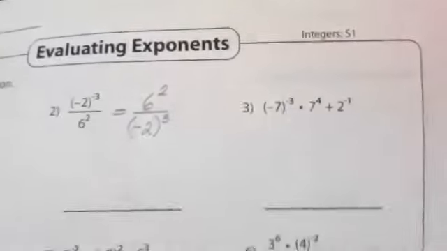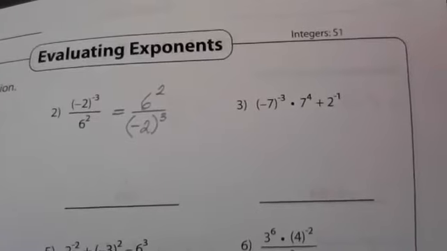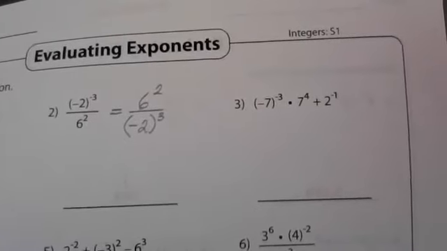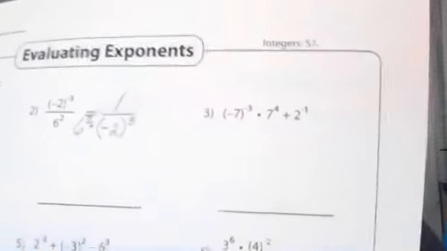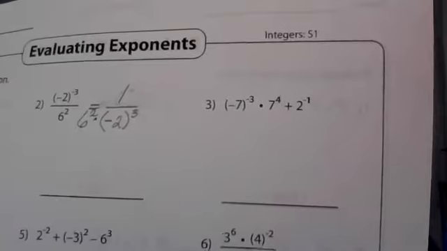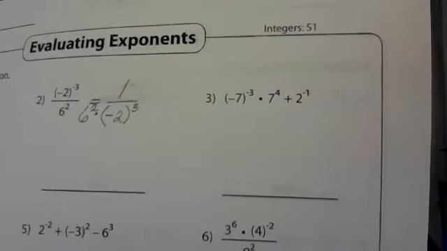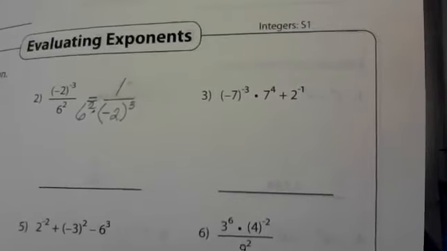Since he is already in an apartment, it already has 2 floors. Oh, I messed that up. Not true. 6 squared was okay, wasn't he? So he stays on the bottom, and -2 to the third moved to the bottom.